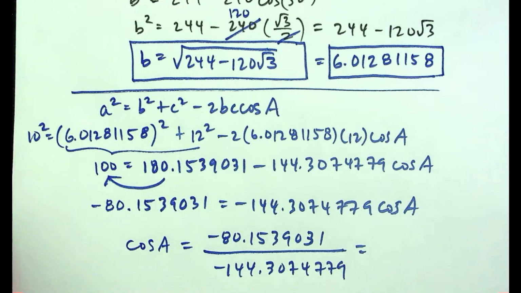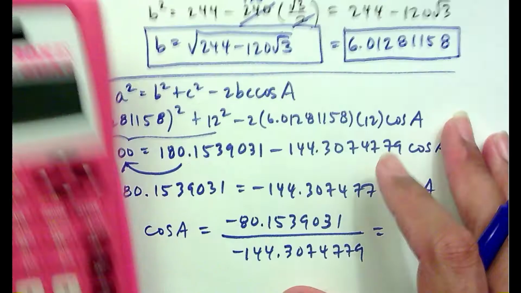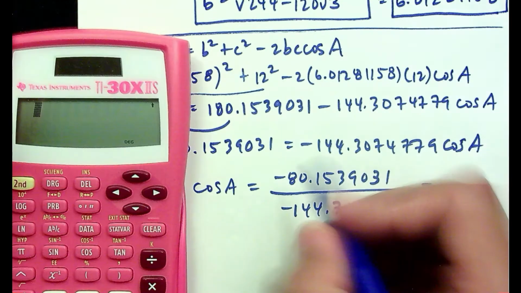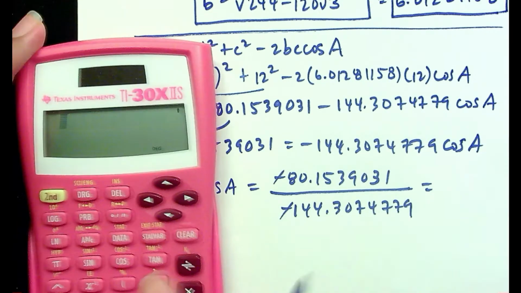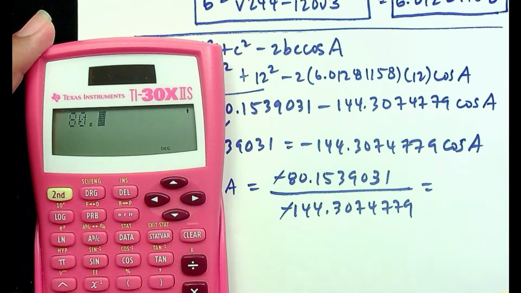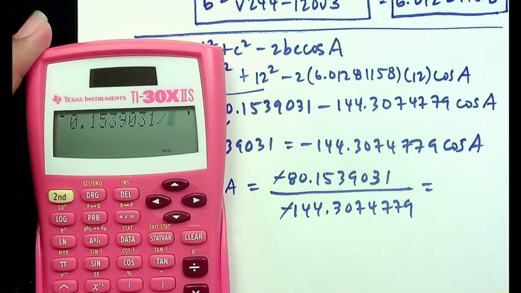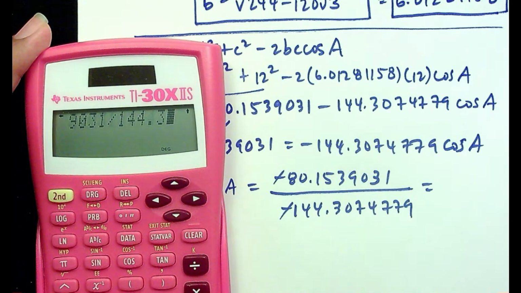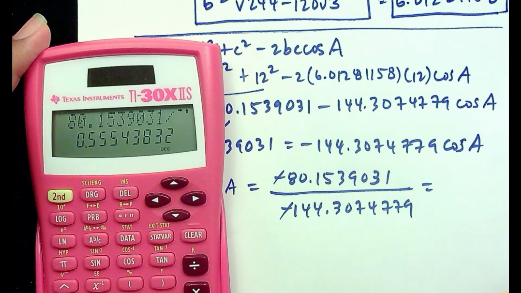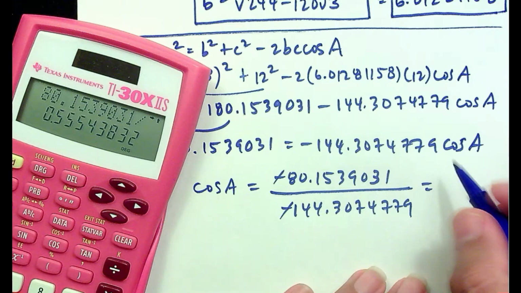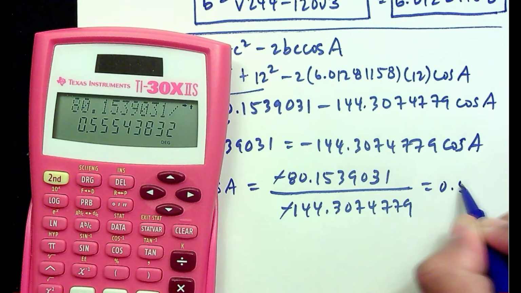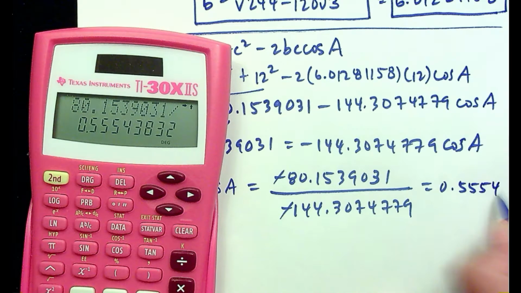Let's figure out what that is. The negatives cancel, so I don't even need to write them. 80.1539031 divided by 144.3074779. So we got 0.55543832.